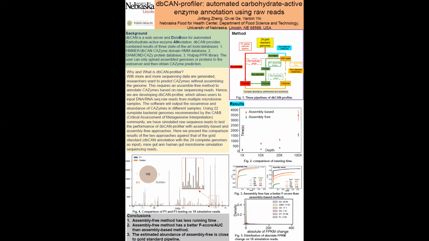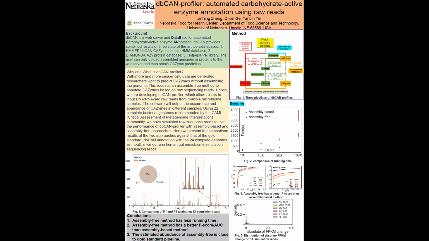Figure 1 shows the three pipelines of dbCAN-profiler. Our pipeline starts with golden standard genomes. Pipeline 3 is also called the golden standard pipeline, which is only used as a standard to judge the performance of pipeline 1 and pipeline 2. Pipeline 1 is the assembly-free approach.